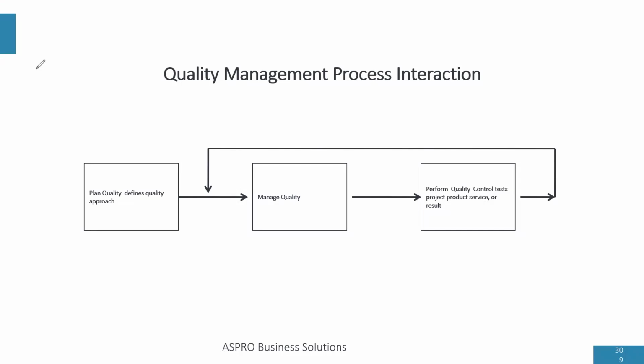Now, in the quality knowledge area, we just have three processes, which means it's one of the shortest knowledge areas in terms of processes. There are just three things you need to know. The first process is plan quality management, and this is where we create the quality management plan.